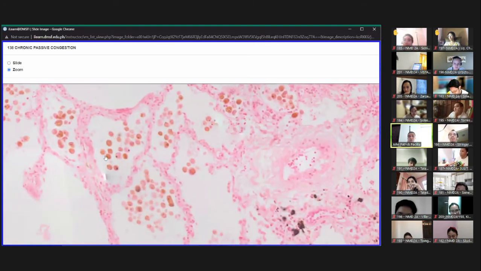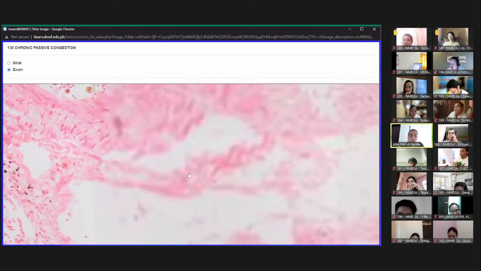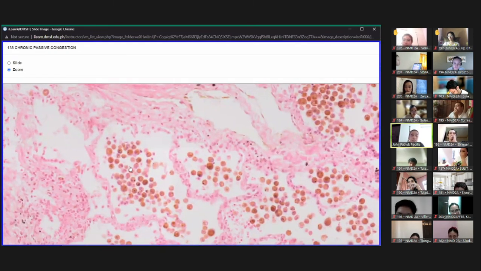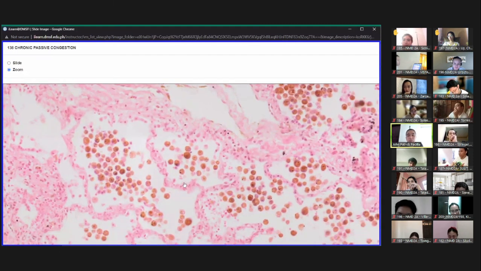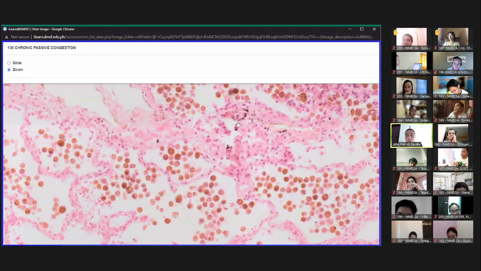This would be seen in left-sided heart failure. And then you have the presence of heart failure cells. Just make sure that you are able to differentiate this from myxoma, because myxoma also presents with hemosiderophages, but the lung doesn't show the fibromyxoid stroma.